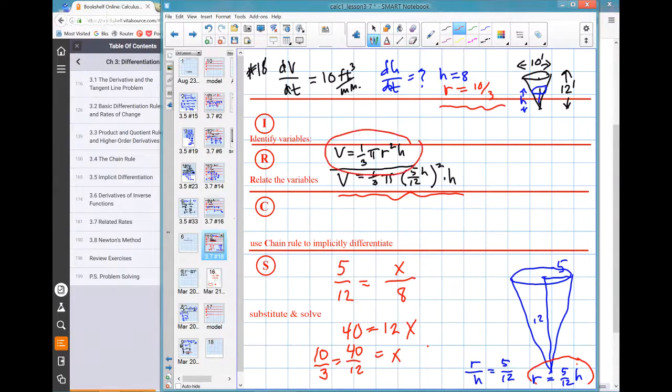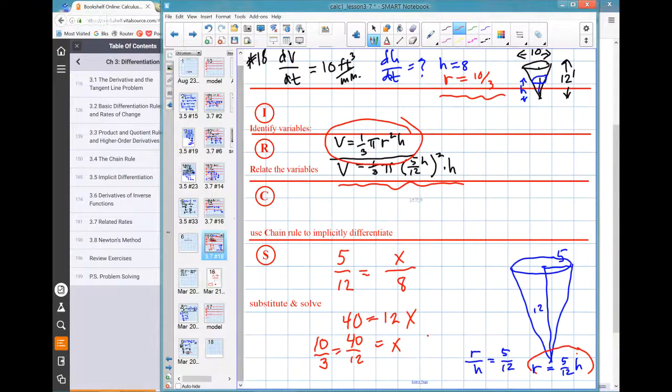That's the only thing we had for the volume of a cone. And we had to have r in there, and we didn't have it. So we had to do some geometry down here in the bottom right of the screen and similar triangle thinking in order to figure out a way to express r in terms of h. And we were able to do that.